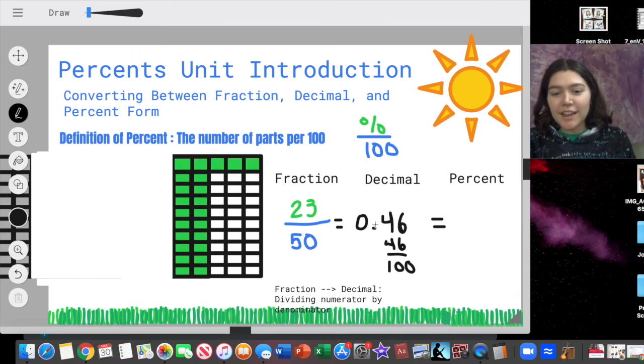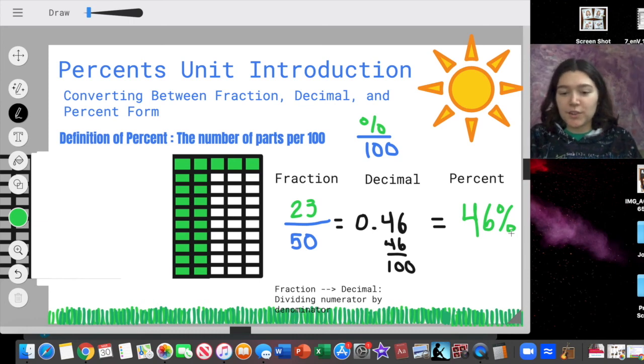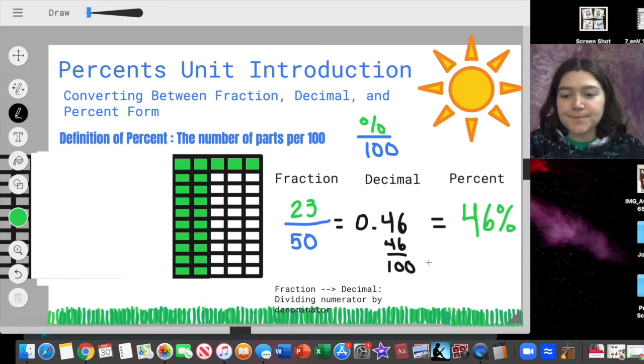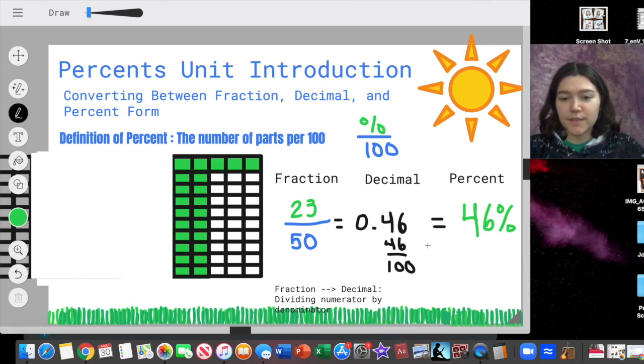What this means is 46 hundredths, so that means it's 46%. You're taking 0.46, 46 hundredths, and multiplying by 100, which gives you 46. You're really just moving the decimal place over 2 to the right. When you divide by 100 and then multiply by 100, the 100 goes away, and we just get 46.